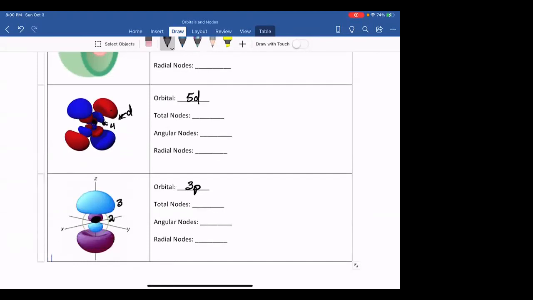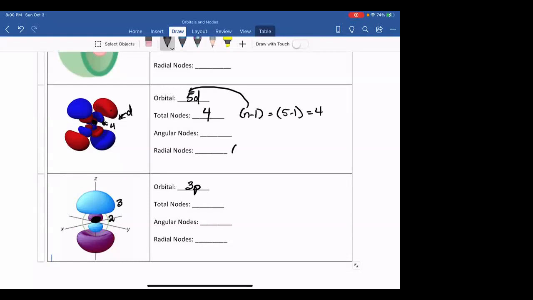Now our total nodes is going to be n minus 1, where n is represented here. So it's equal to 5 minus 1. So the total nodes have to be 4.